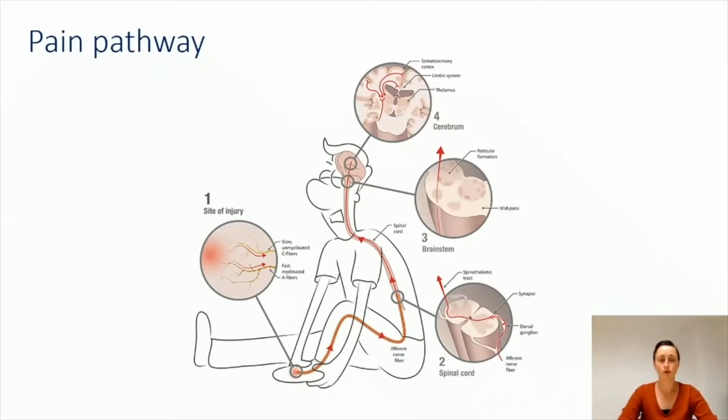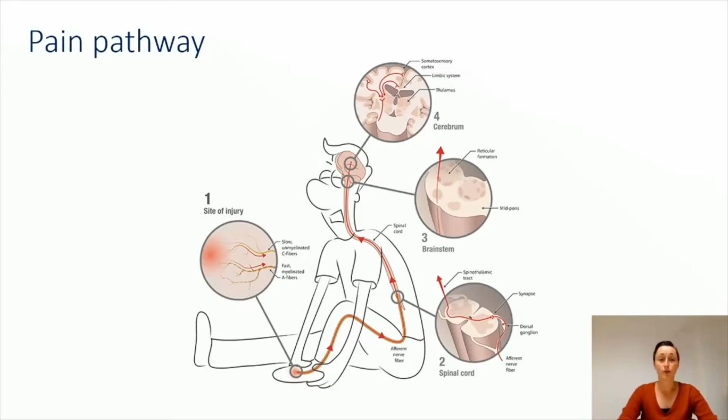First, I show you a simplified graph of the pain pathway, which might be familiar to quite a lot of listeners, just to demonstrate to you that the actual pain experience is a complex array of stations within the body that start at the periphery, here depicted as number one, where there is a site of injury.